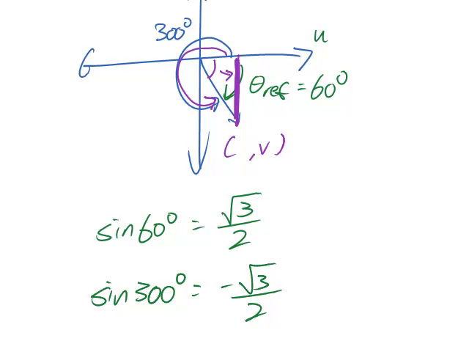In fact, its length gives us the v coordinate, except we have to negate its length because this line goes down from the u-axis, from the horizontal axis. So it makes sense that these numbers, or if you want to think about it more mathematically, the absolute values of sine 60 and sine 300 are the same, but the positive negativeness, the sign, is different.